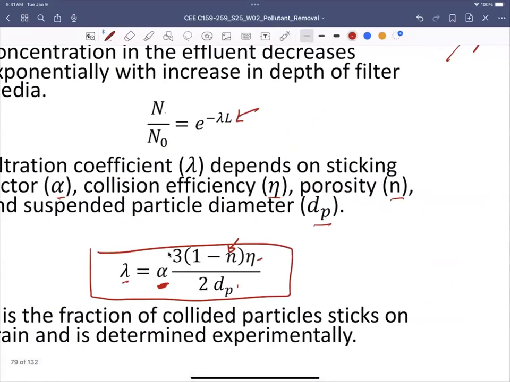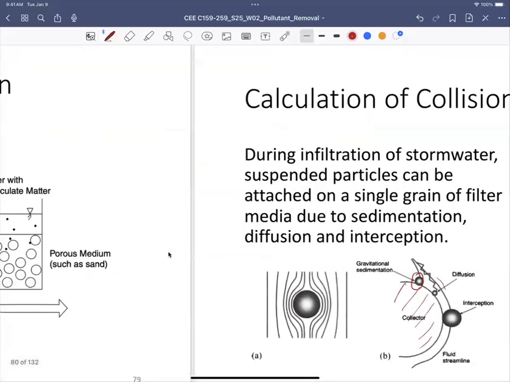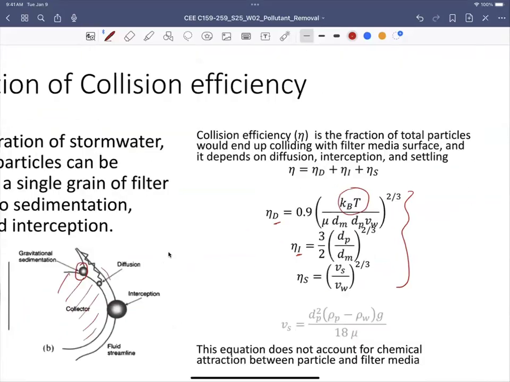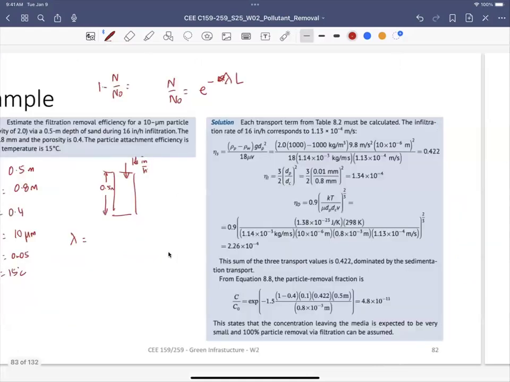Alpha is given, the porosity is given, the size of the particle is given. The only thing not given is collision efficiency. You know this from these equations; you can predict those variables based on all the parameters.